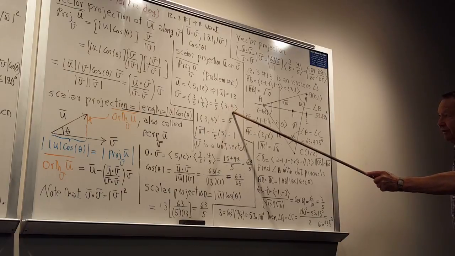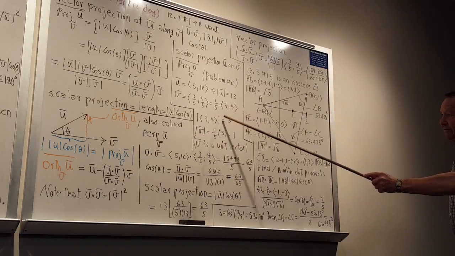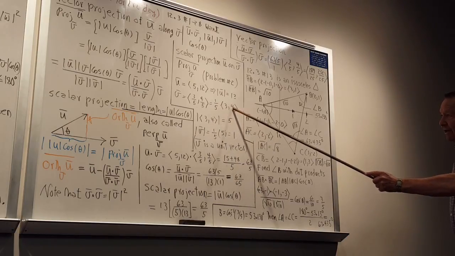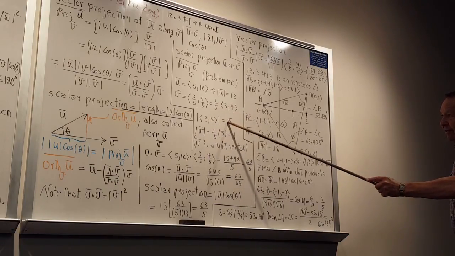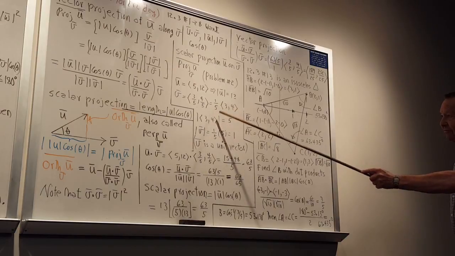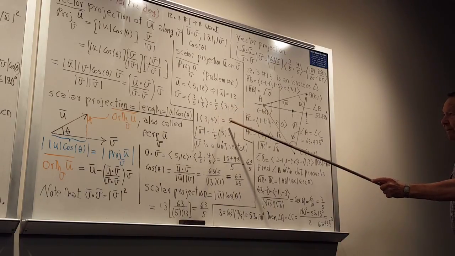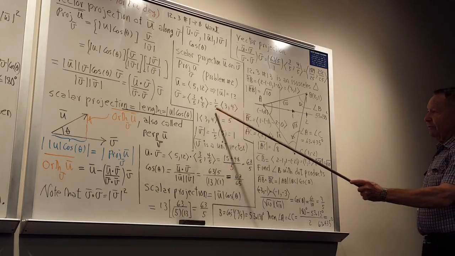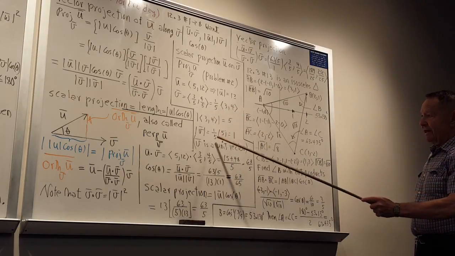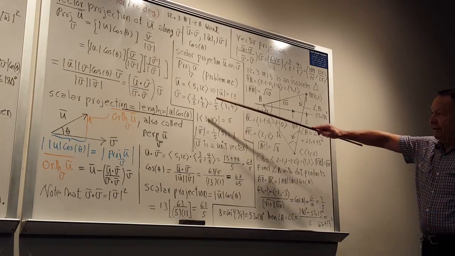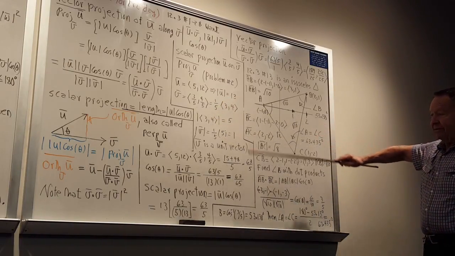You can write your v this way, and then you can look at the 3, 4 triangle. 3, 4, 5 make a right triangle, so then what you have is the length here, which is 5 over the 5 you factored out, and you get 1. So either way you want to look at it, the v is a unit vector.